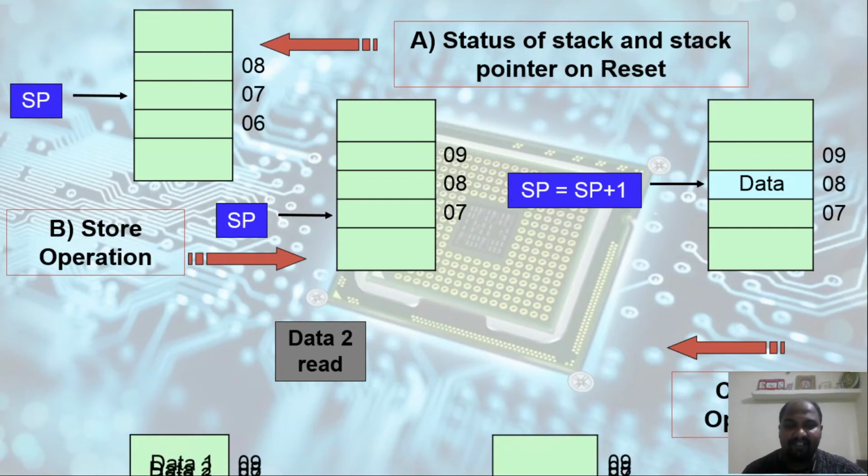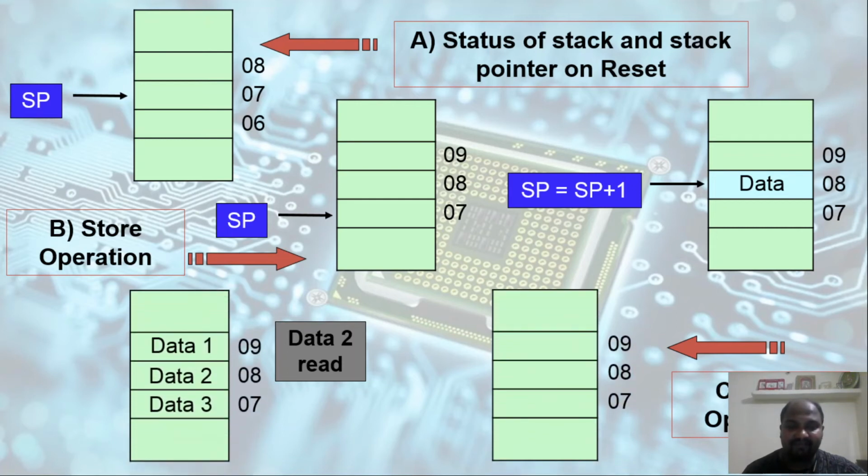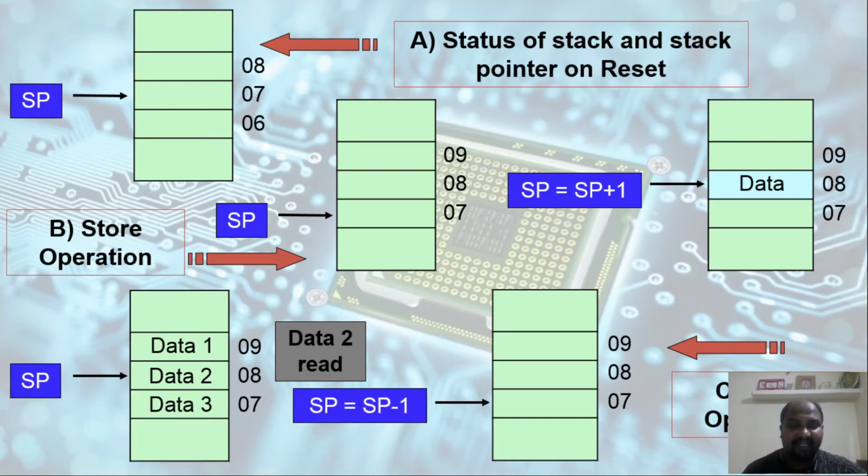Similarly for the read operation, first the stack pointer will be at 08H, and after the data is read, the stack pointer will be decremented by 1, that is SP equals SP minus 1, that is 07H. So this is the operation of stack pointer.